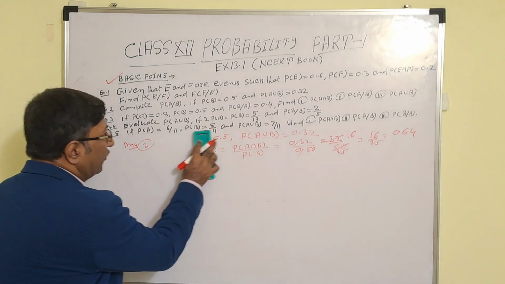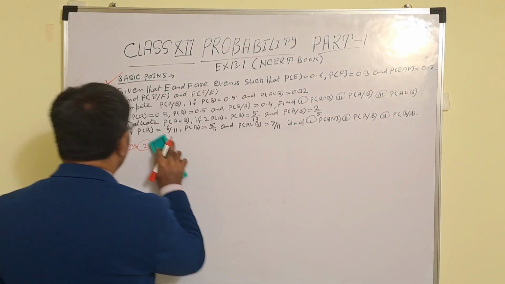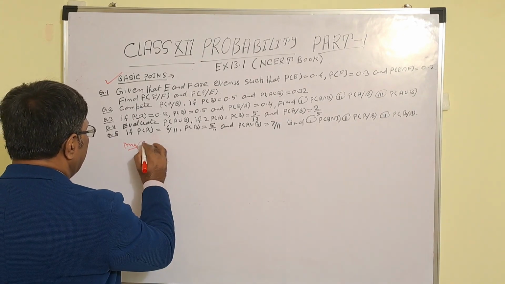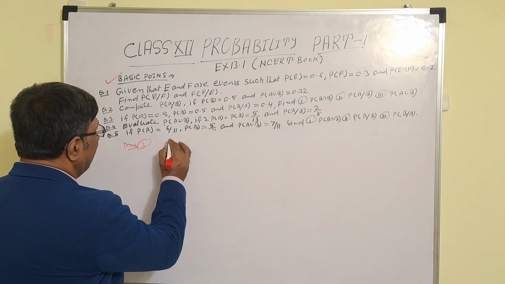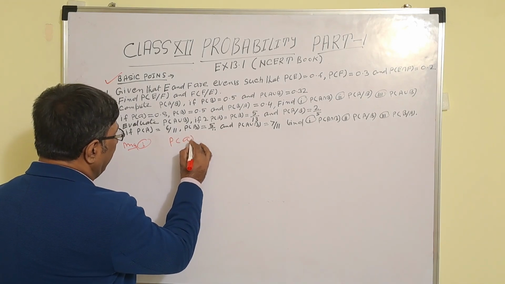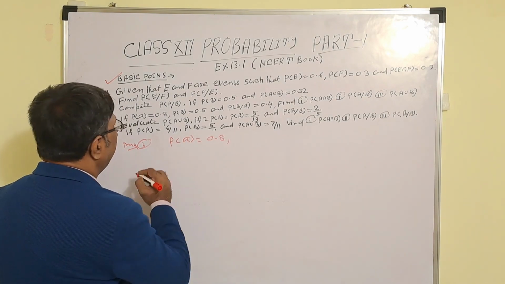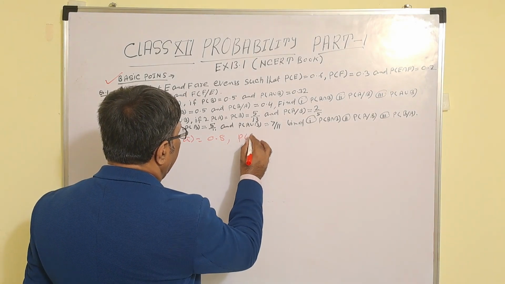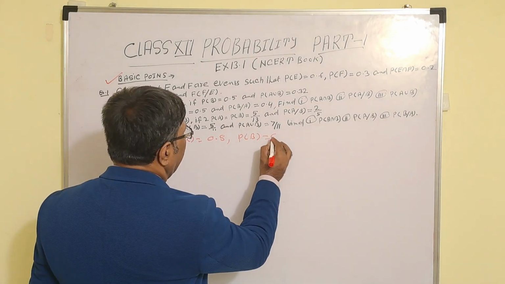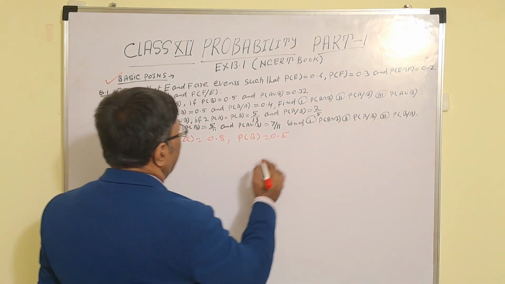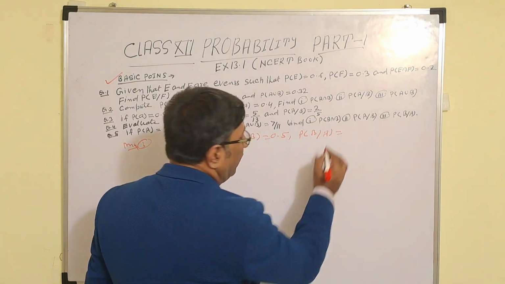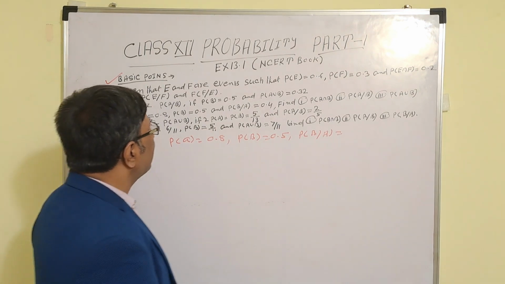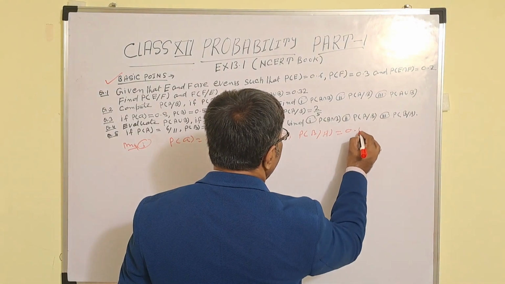Okay. Now see question number 3. If probability of A is given 0.8, probability of B is given 0.5, and probability of B by A, the conditional probability of B, is given as 0.4.